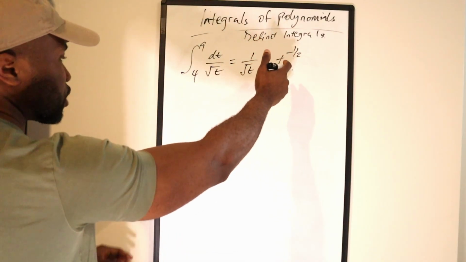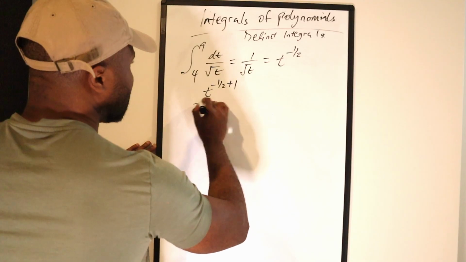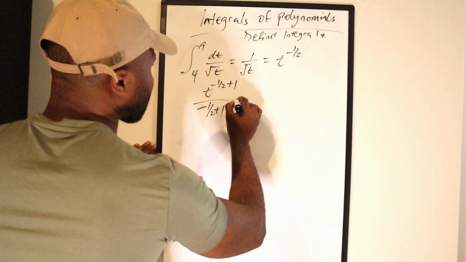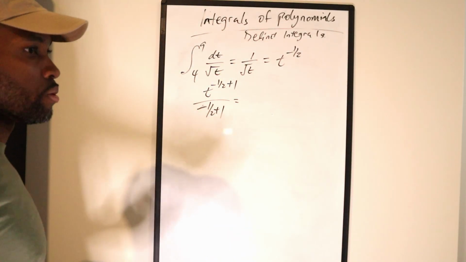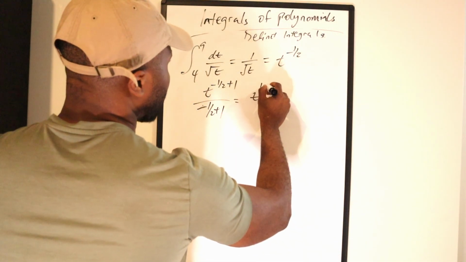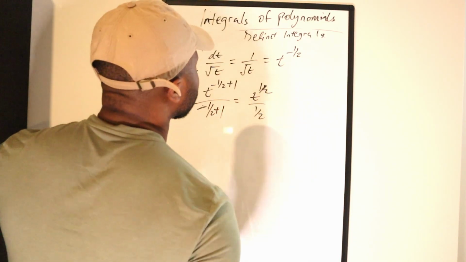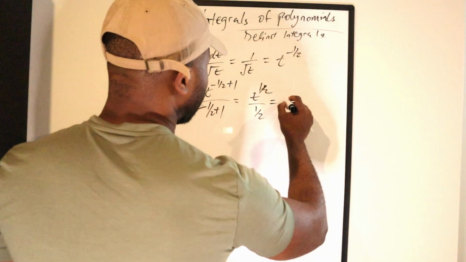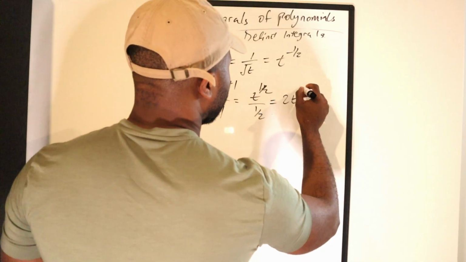So we can integrate this. t^(-1/2+1) divided by -1/2+1. So minus half plus 1 is equal to half. So t^(1/2) over 1/2, and this is equal to 2t^(1/2).